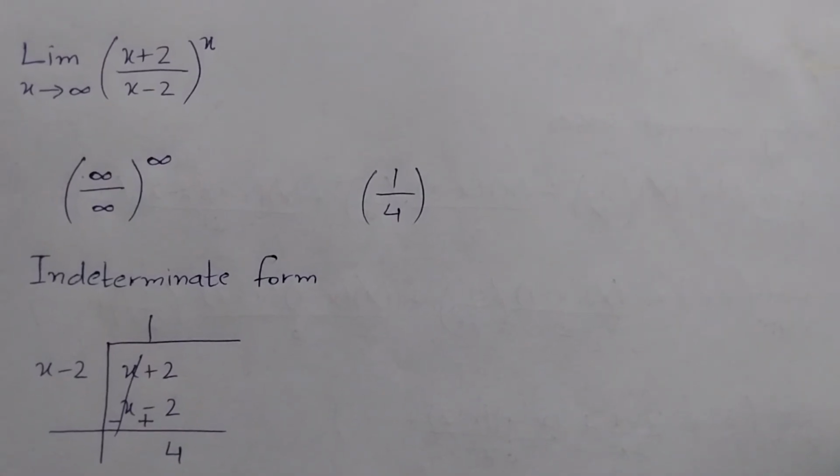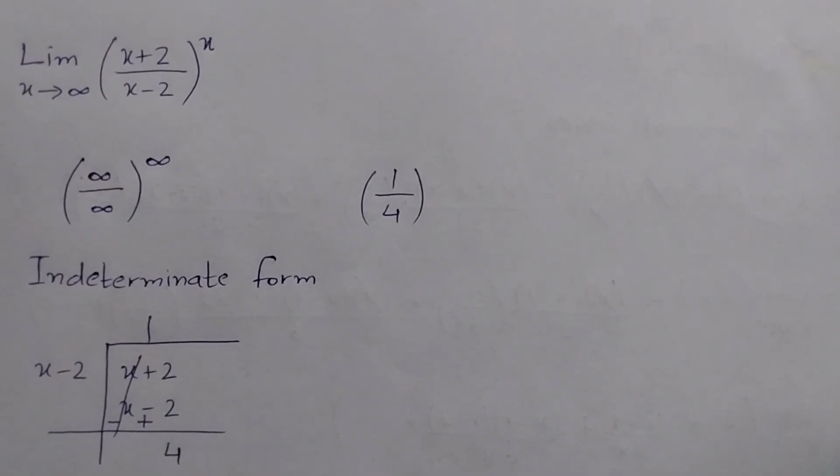We just know that infinity is a very large number, and when we add 2 to a very large number, it remains a very large number, so the numerator will be infinity. And when we subtract 2 from a very large positive number, it will still remain a very large positive number, so the denominator will also be infinity.